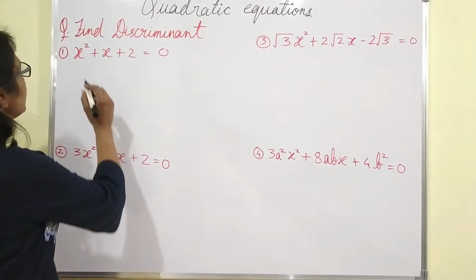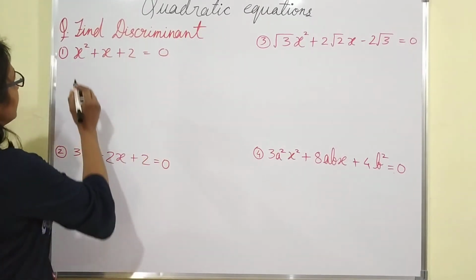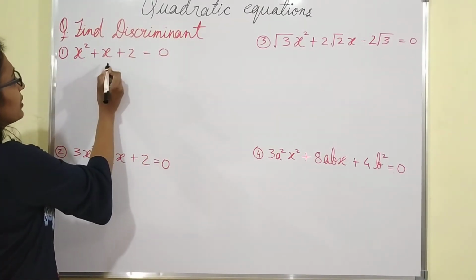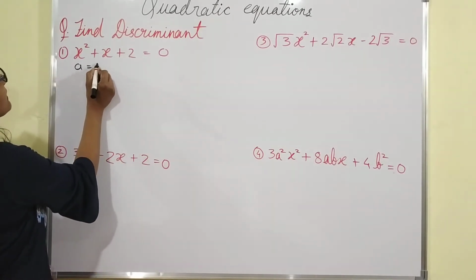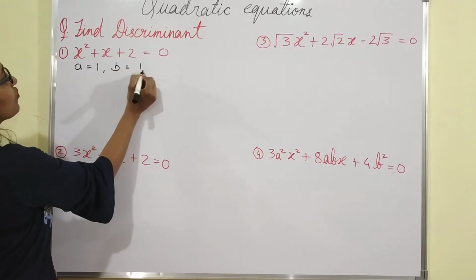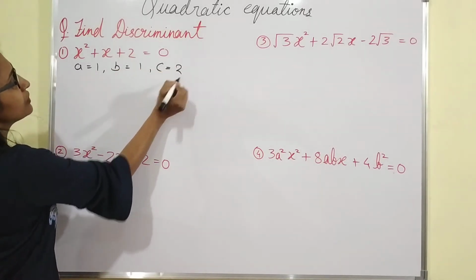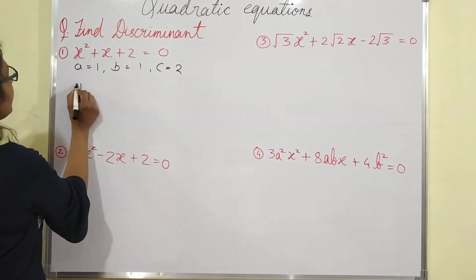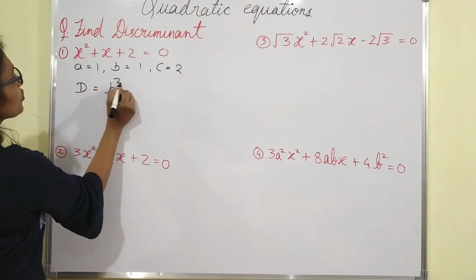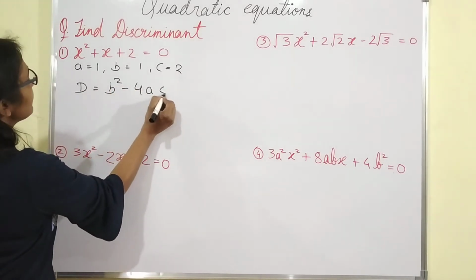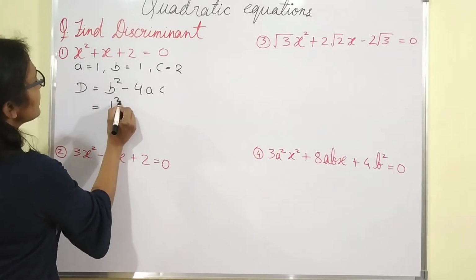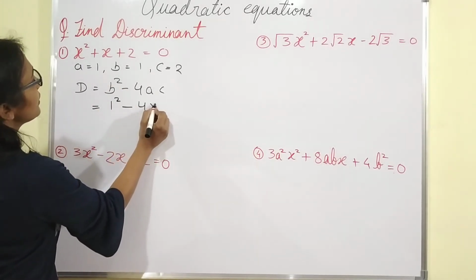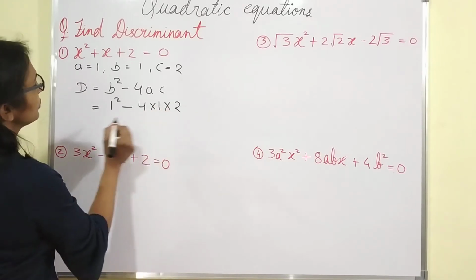Now, the question is to find the discriminant. The equation is x square plus x plus 2 equals to 0, where the value of a is 1, b is also 1 and c is 2. So, d equals b square minus 4ac. So, the discriminant will be 1 square minus 4 into 1 into 2.